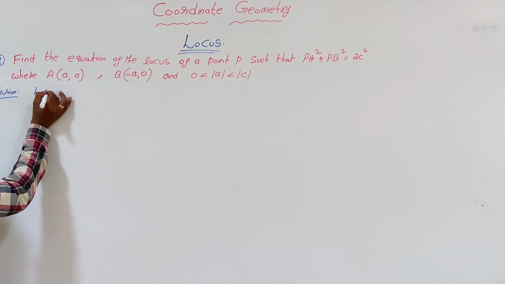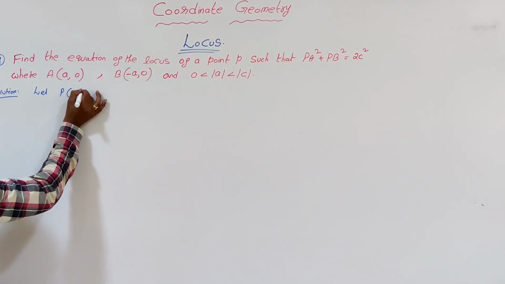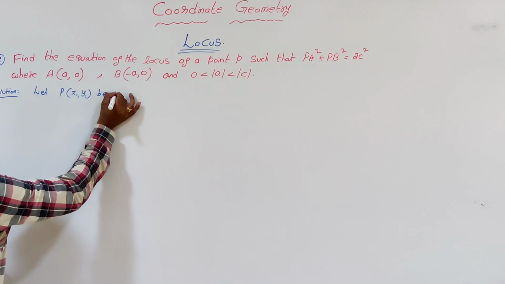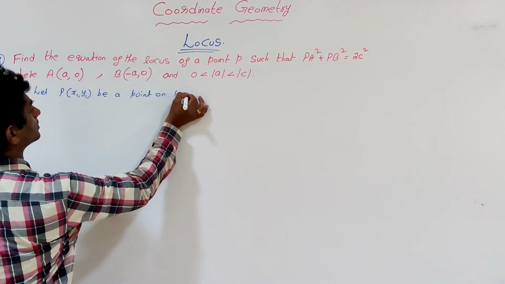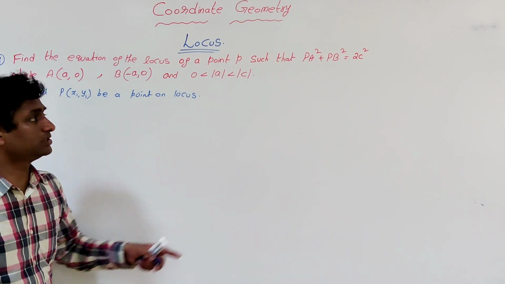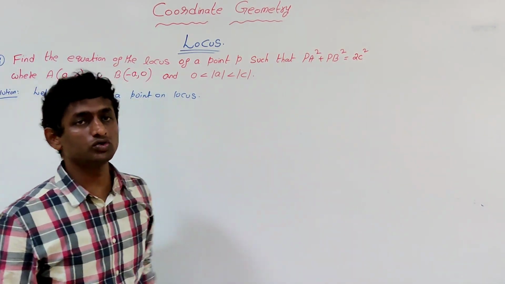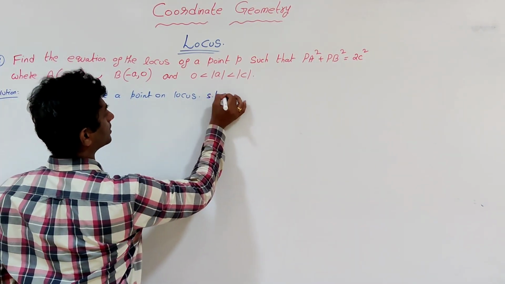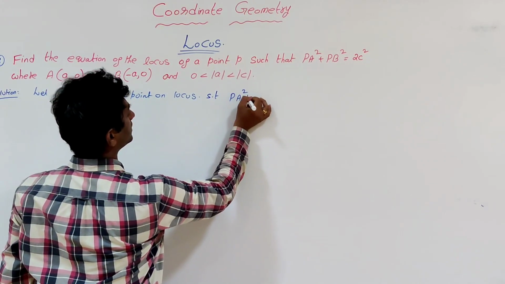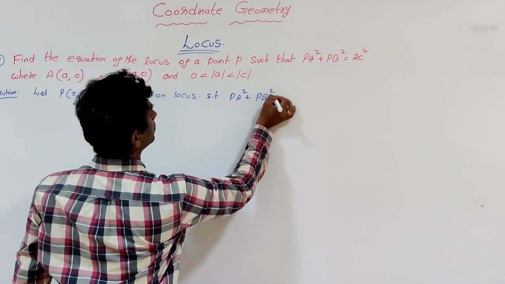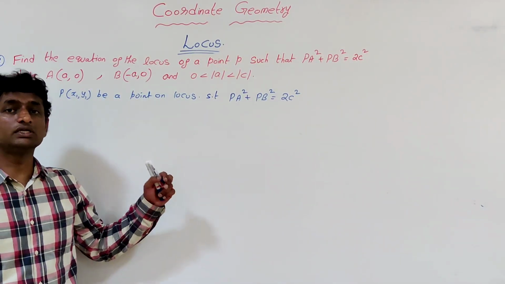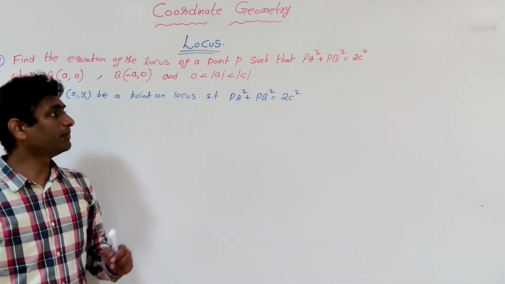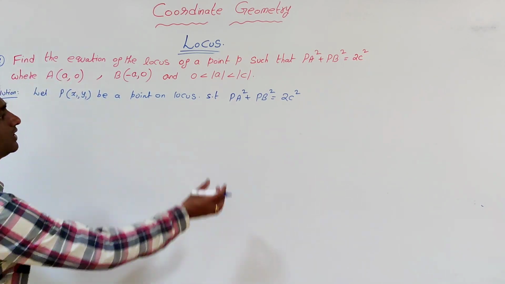Let P(x1, y1) be a point on the locus, and what is the geometrical condition? PA square plus PB square is equal to 2c square, meaning the sum of the squares of the distances from P is 2c square. Now what is PA?